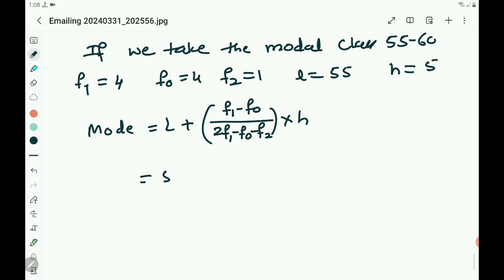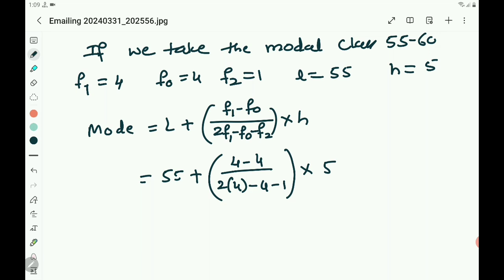That is, L is 55 plus F1 minus F0. Again you got here 4 minus 4. 2F1 is 2 into 4 minus F0 is 4, F2 is 1, into H is 5.